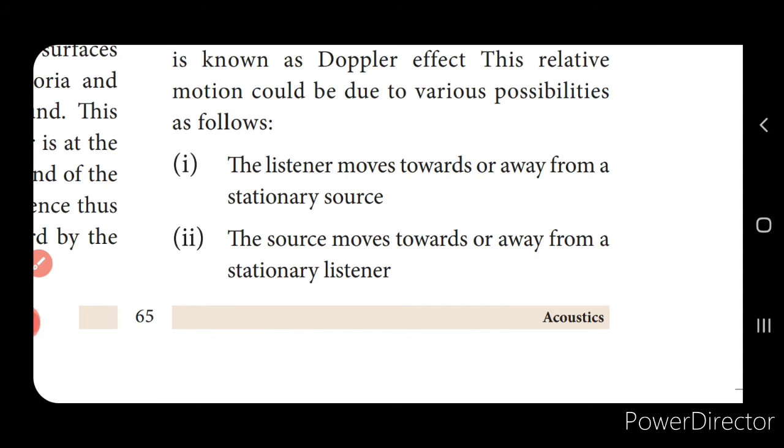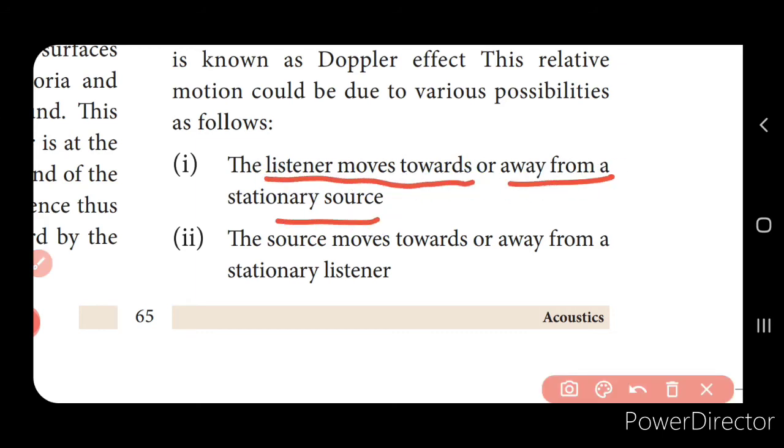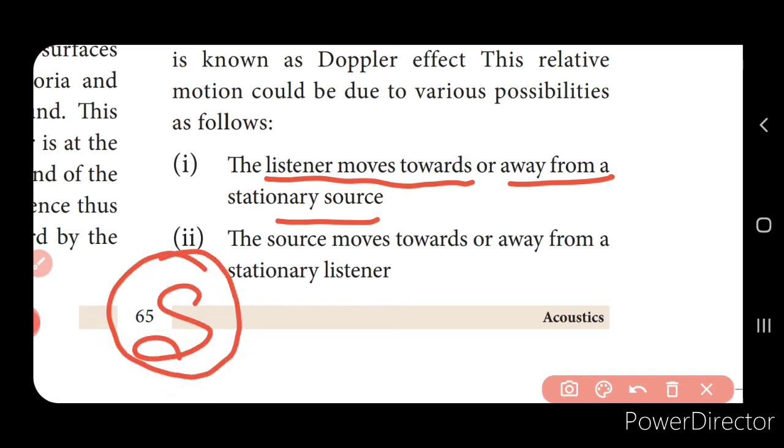So this relative motion can have various possibilities. The first one is that the listener moves towards or away from the stationary source. For example, the source is here, so this is stationary. When I make a circle, it means that it is at rest or at a stationary position.